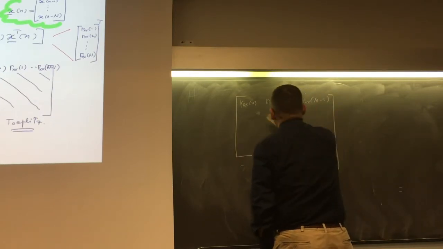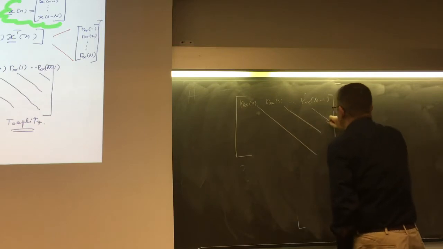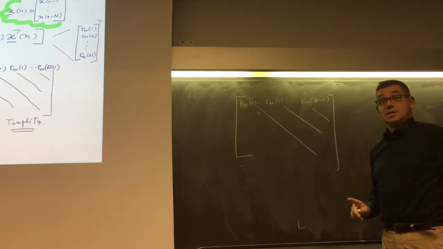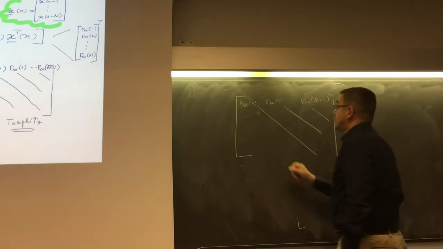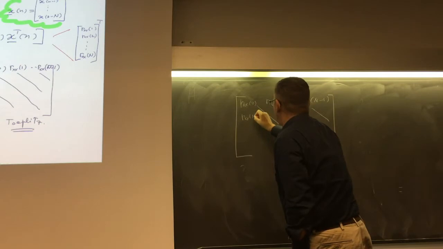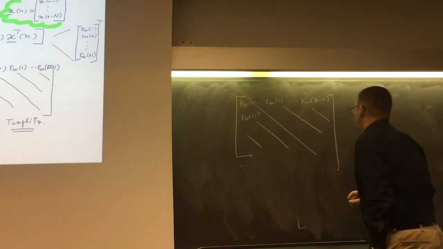It is a Toeplitz structure, which means the entries are all the same along each diagonal. The matrix is symmetric, so everything here is mirrored there.